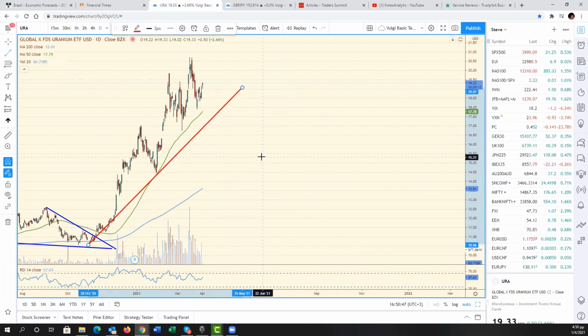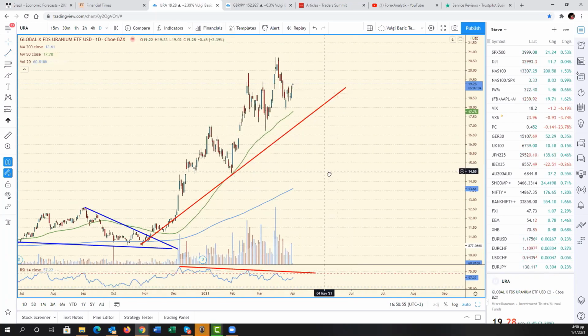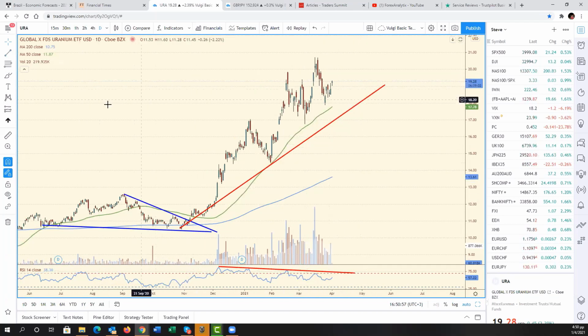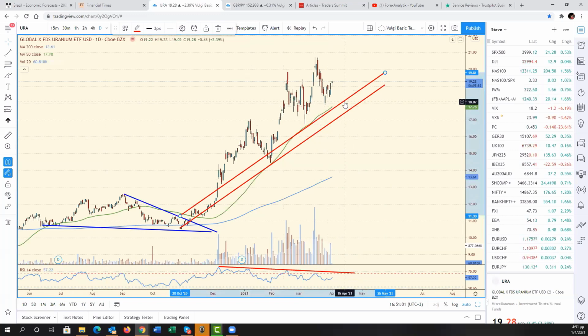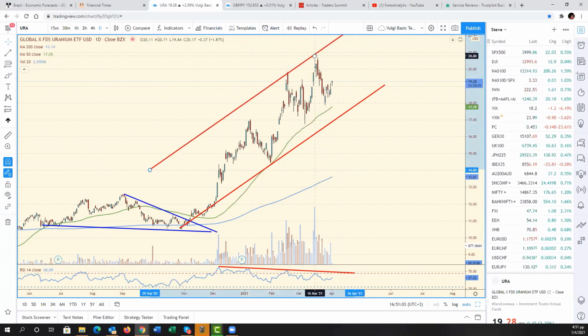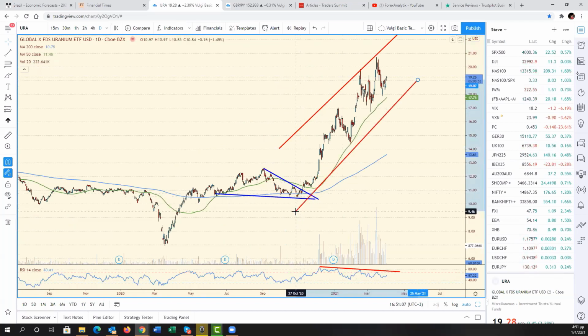So I'm not very sure that we can see a lot more upside before we have a deeper correction lower. So that's the only problem I see here. But I do think that uranium dips should be bought. I don't see any other way around it.